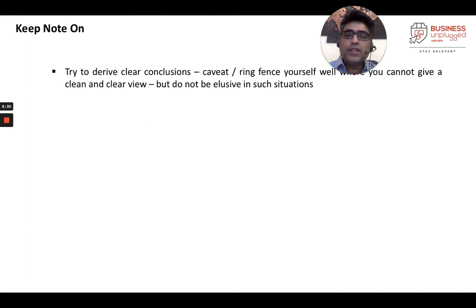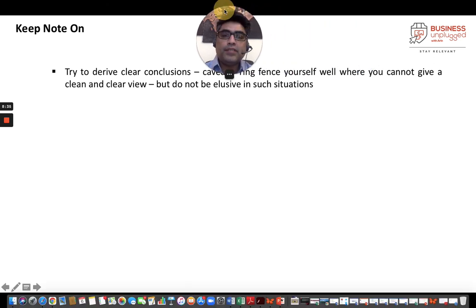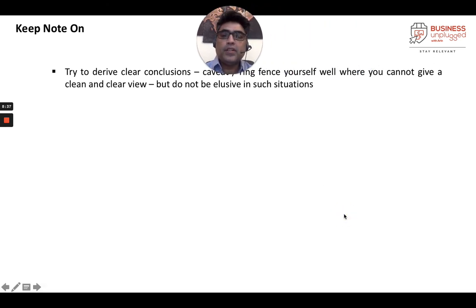Also keep note on certain things, like try to derive clear conclusions, caveat, ring fence yourself well, where you cannot give a clean and clear view, but do not be elusive in certain situations, right? So if you're writing on something on which you are not having clear conclusions, it happens sometimes, right?